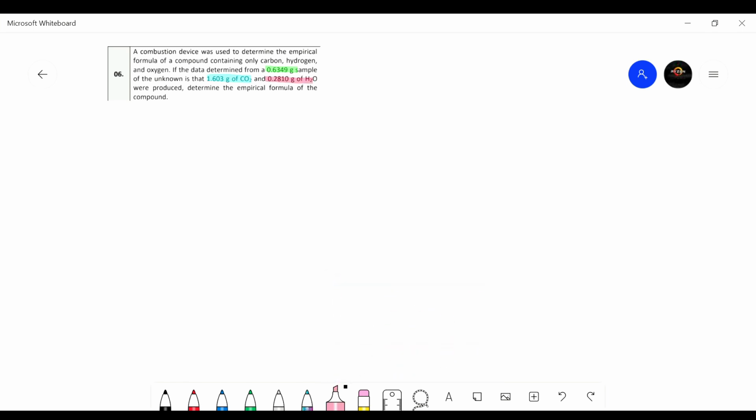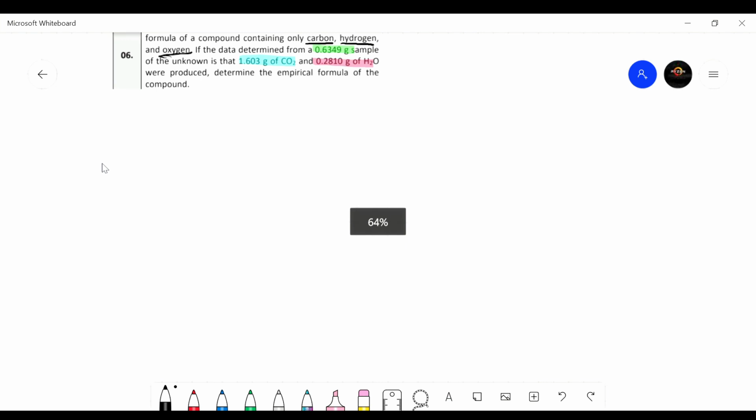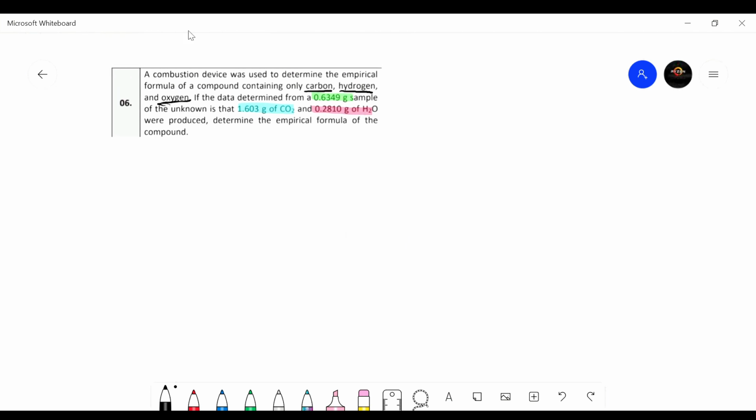First of all, before we transfer all of the masses into our Mamora table, we need to find the mass of carbon, hydrogen, and oxygen. Here, we need to find the mass of carbon.